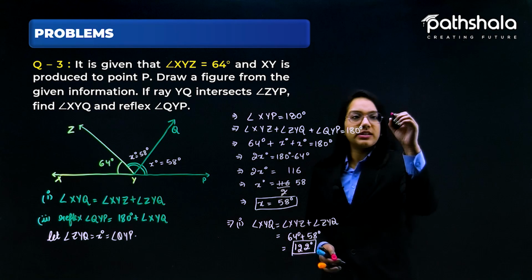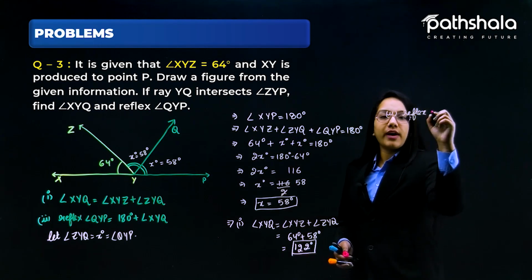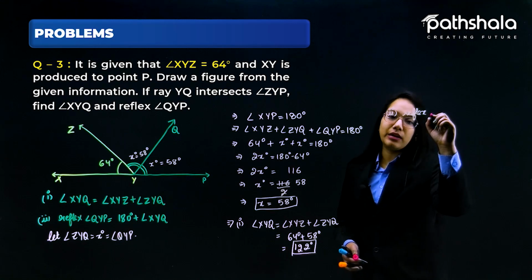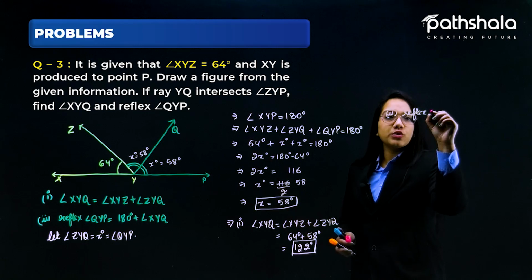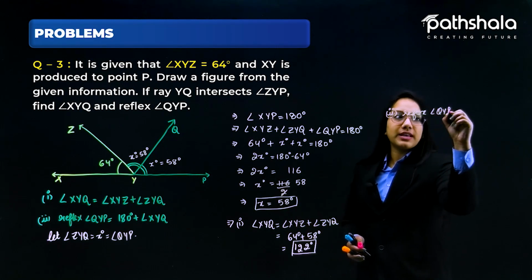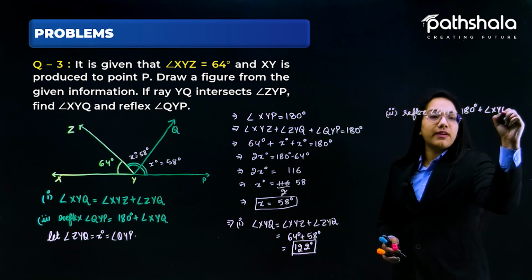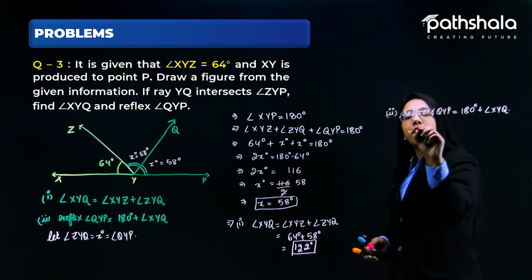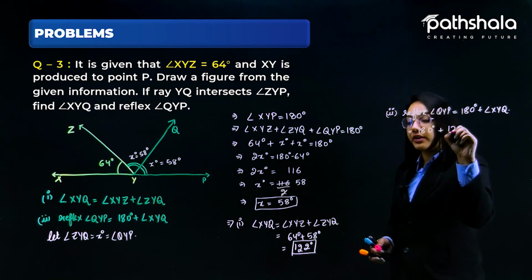Now let's talk about the second part. In the second part we have to find the reflex of the angle QYP. The reflex of angle QYP is equal to 180 degrees plus the angle XYQ. From the first part we can substitute the value over here, because we know that XYQ is 122 degrees.